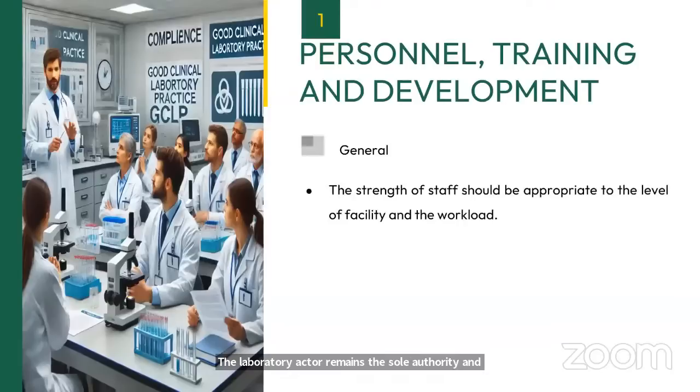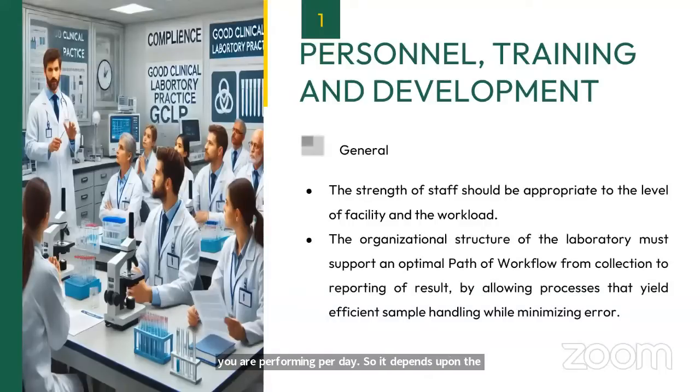Now, how many staff should be available in the laboratory depends upon your level of facility and workload. Level of facility means how many complex tests you are performing, or whether you are performing routine tests, and the volumes, that is, how many tests you are performing per day. So it depends upon the complexity of the tests as well as the volumes.